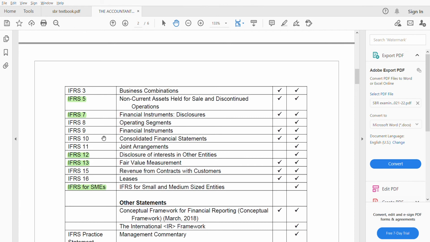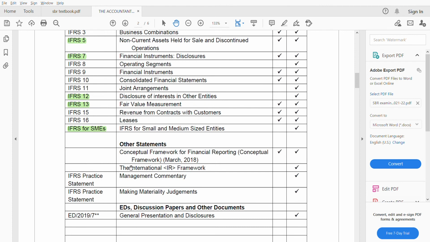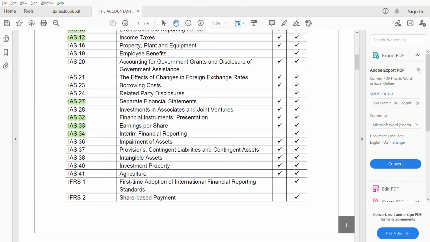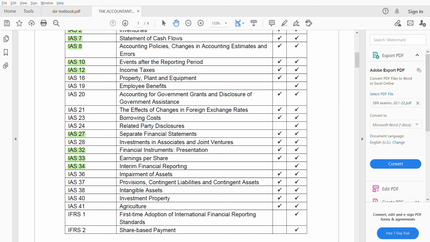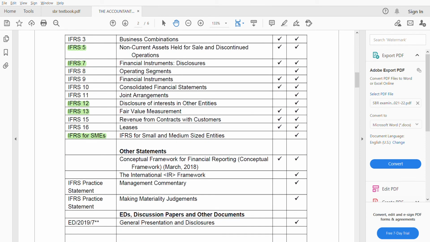So these are some other statements, which we need to go through as well: conceptual framework, IR framework, management commentary, some general presentation and disclosure relating to your EDs, materiality, all these things will be going out after I complete all the standards. It's not so bad, right? We have almost covered, I think 40% is covered. The rest I'll be covering.